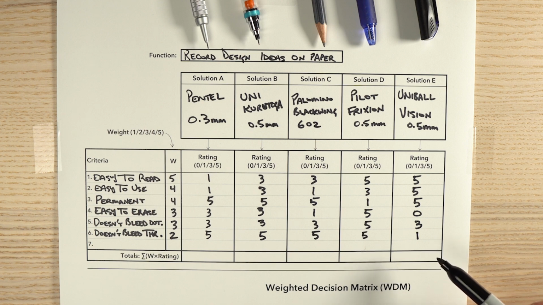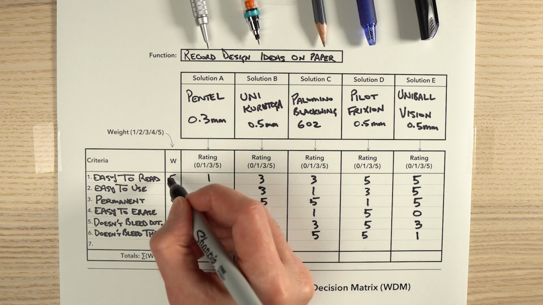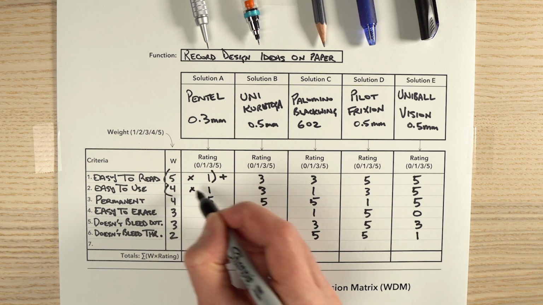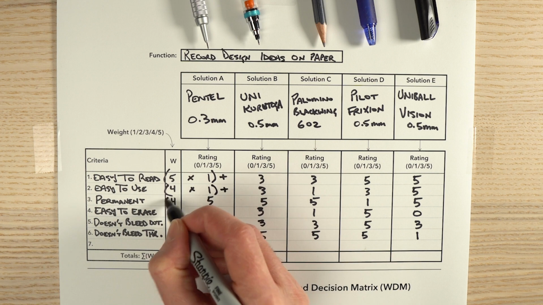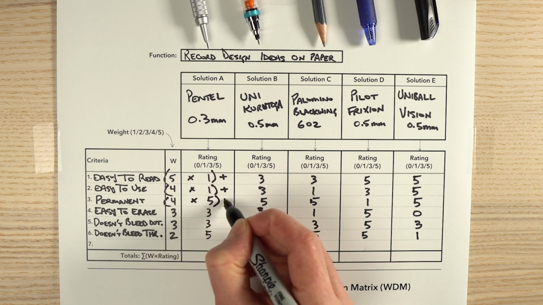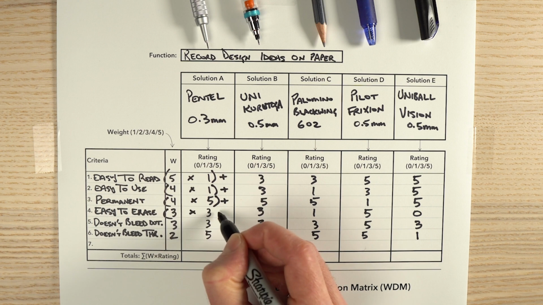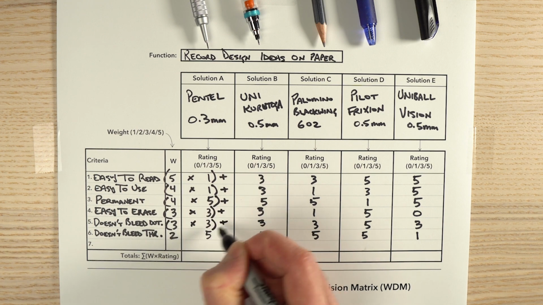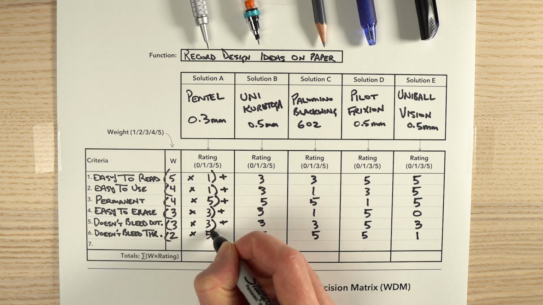Now the total for each solution. This is the sum of the weightings times the ratings. If you're using Excel, the function is called sum product. The calculation for the first column goes like this. 5 times 1 plus 4 times 1 plus 4 times 5 plus 3 times 3 plus 3 times 3 plus 2 times 5.